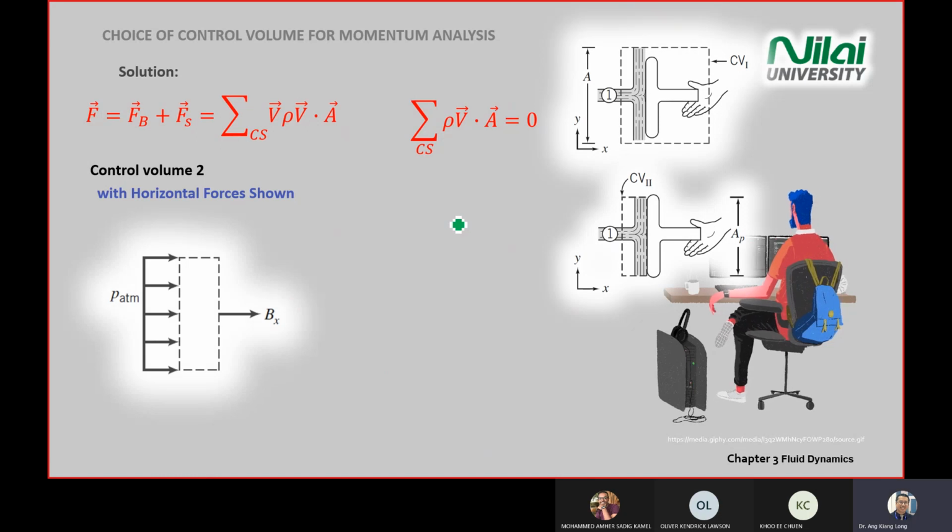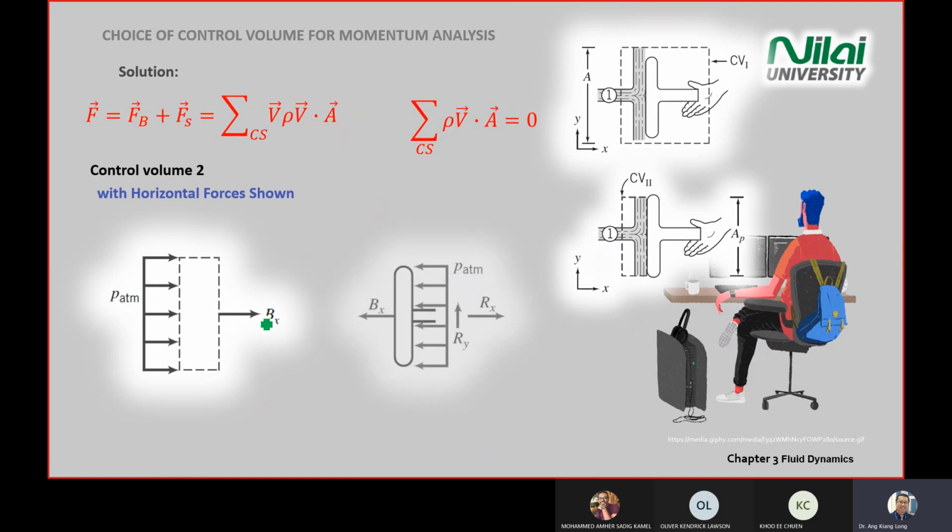Now you draw the control volume number 2 with just a simple rectangle, and we are facing atmospheric pressure. You need to convert it into force. So you take the atmospheric pressure times the area of this side, get the force on the left hand side, and you have a force Bx at the plate here. So there's a Bx there.